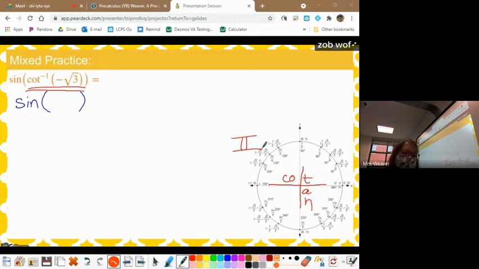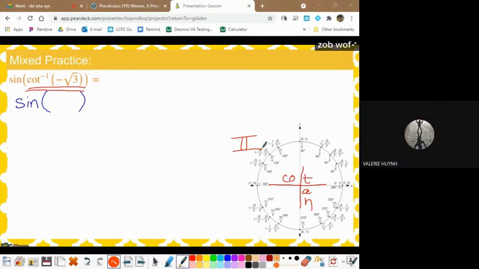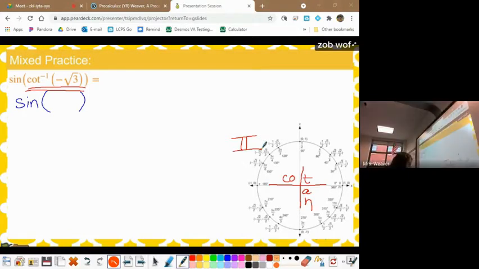So which way do you like to do these, Valerie? Do you like to decompose the fraction, or do you like to just try the 2 angles that it might be? Decompose the fraction. Okay, I like that way too. It takes a little practice. I recommend if you're trying to decompose the fraction, just slow down and you can figure it out, okay? So cotangent is what over what in terms of x, y, and r, Valerie?